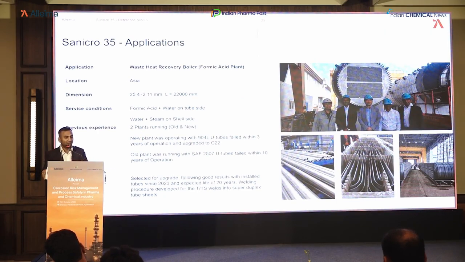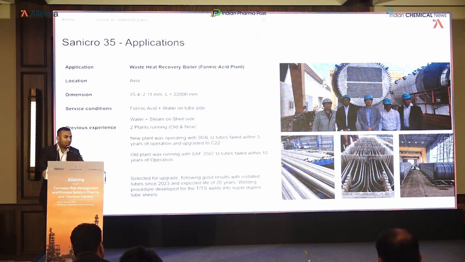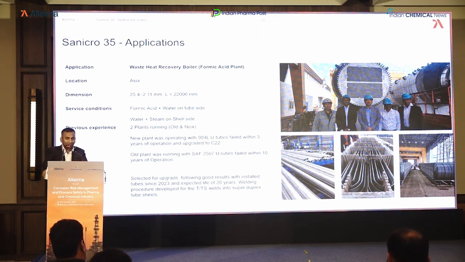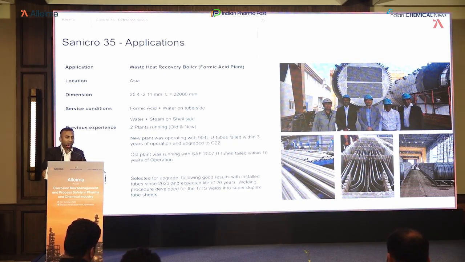And then comes one application, a waste heat recovery boiler in a formic acid plant in Asia. On the tube side it is formic acid plus water, and on the shell side it is water plus steam. There are 2 plants running. The new plant was operating with 904L U-tubes, which failed within 3 years of operation, and it got upgraded to C22.